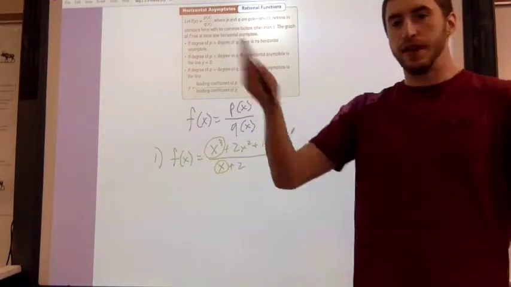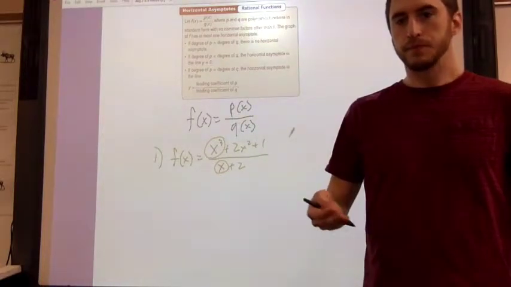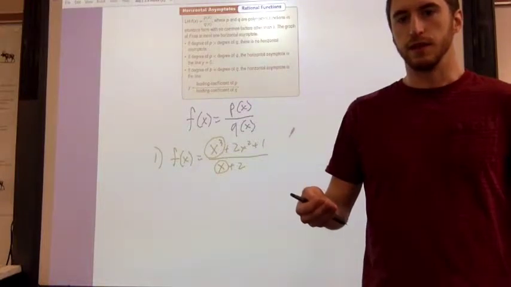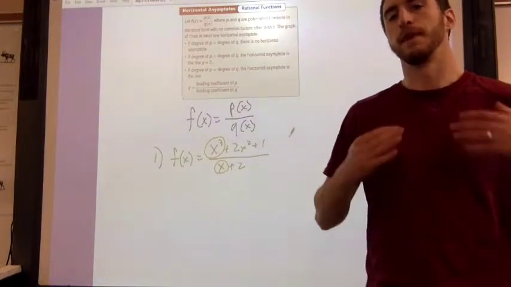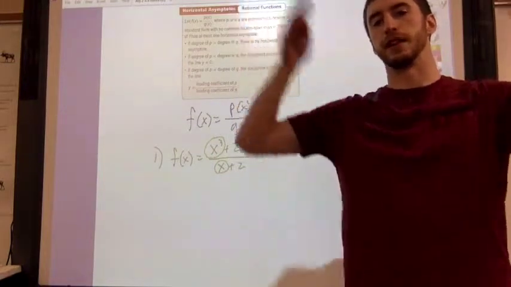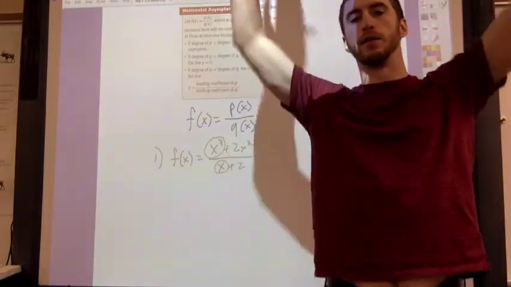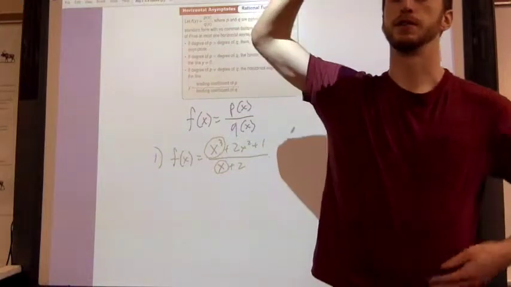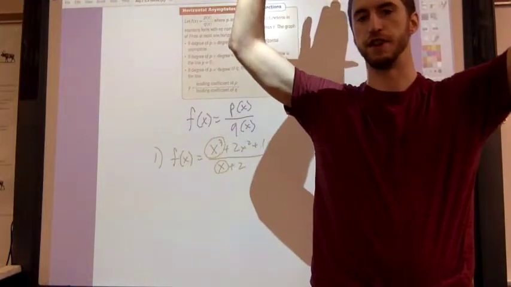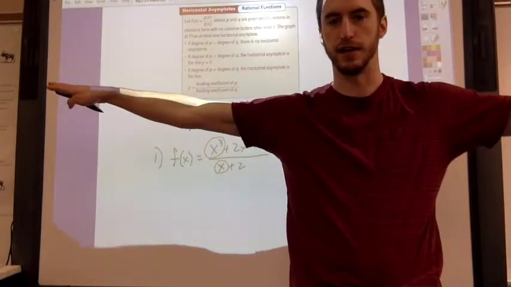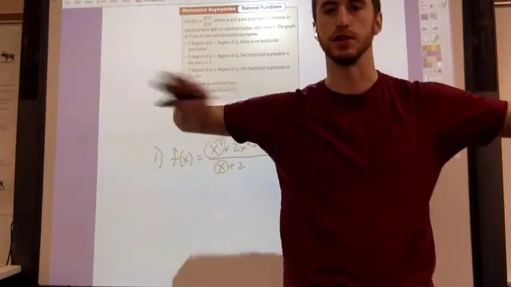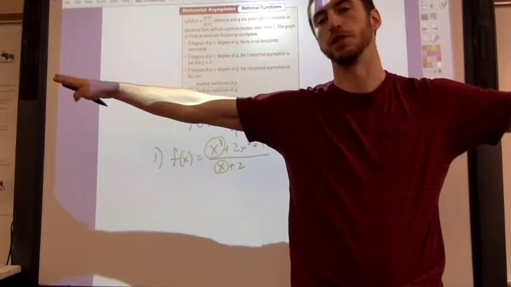A bigger number divided by a smaller number is going to have a value that continues to increase. It continues to go up. The y value continues to go up to positive infinity. So that means it's not going to have a horizontal asymptote. It's not going to have a line horizontally that the graph will approach and not touch.